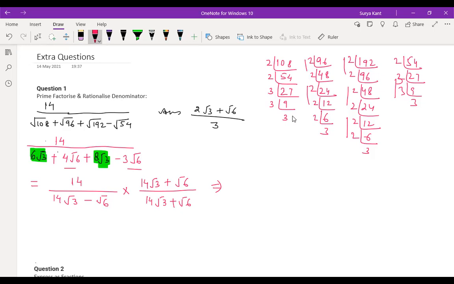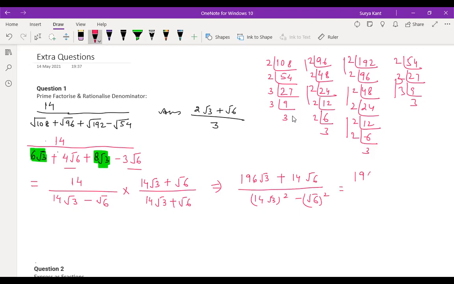It becomes so complicated now. So what is 14 14s? 196 root 3 plus 14 root 6, again divided by 14 root 3 whole square minus root 6 whole square.